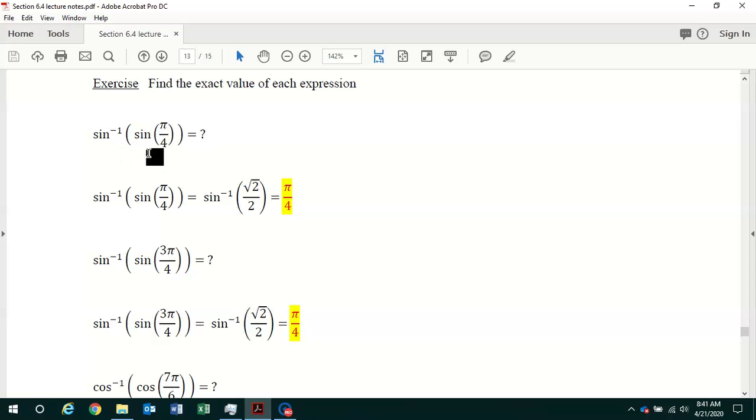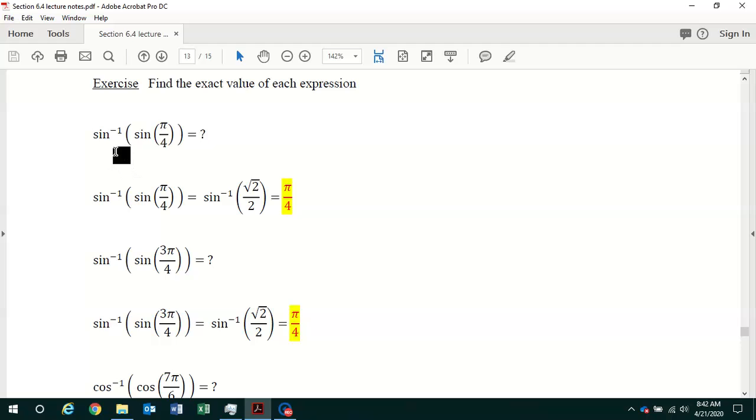On page 13, the inverse trig function is now the outer function and the trig function is the inner function. And since the inverse trig function is the outer function, we know the answer to the composite problem is going to be an angle.